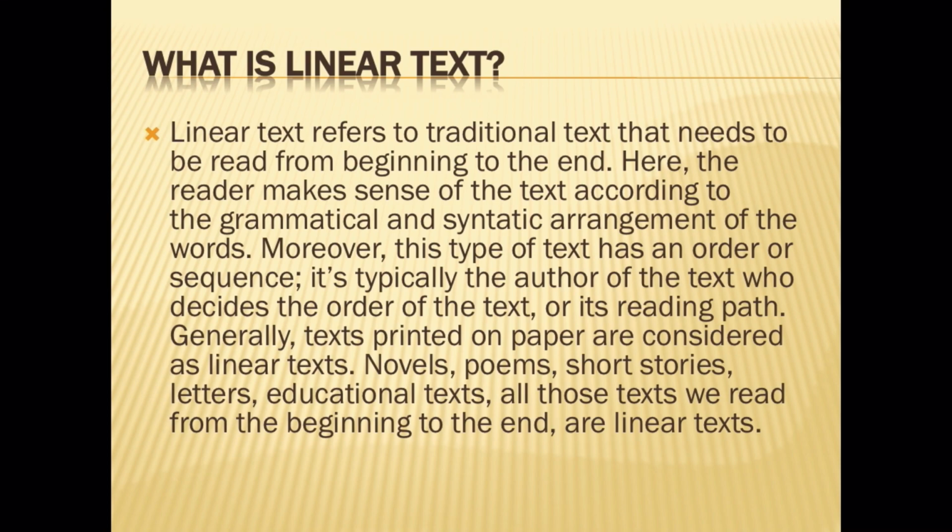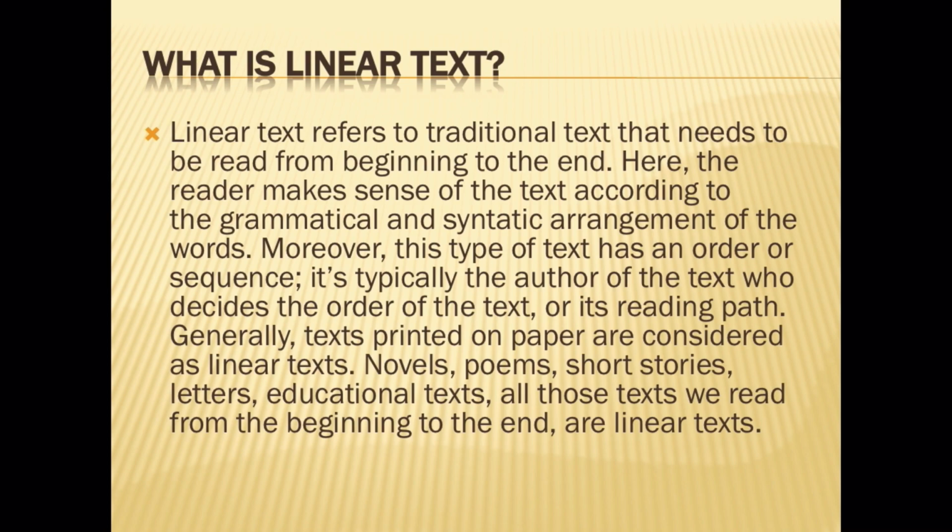And linear text contains words, sentences, and paragraphs. It requires the reader to read from beginning to end in order to understand the text. So, there is a consideration given to the construction and organization of the words because the text follows a certain order and sequence.